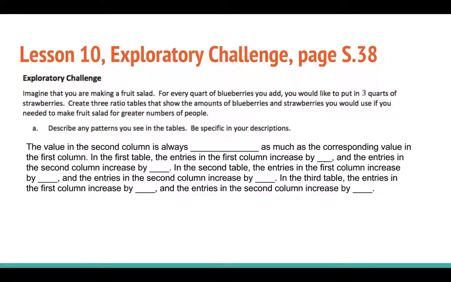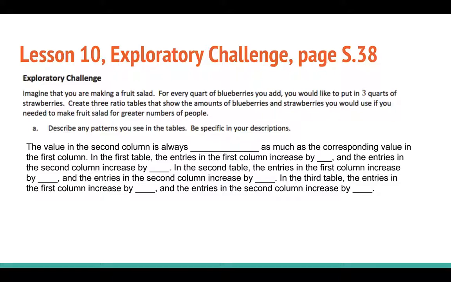In the first table, the entries in the first column increased by what? So remember, go back to table 1. And the entries in the second column increased by what? Remember, look at what you added. In the second table, the entries in the first column increased by what? What did we add to the numbers in our first column, or the column on the left?